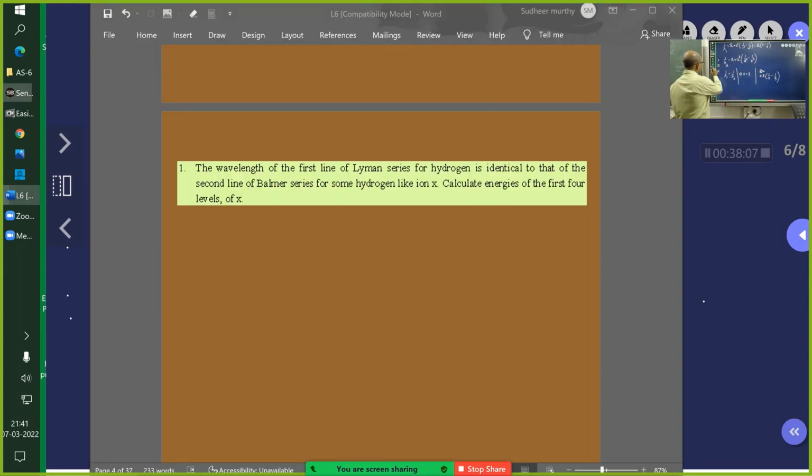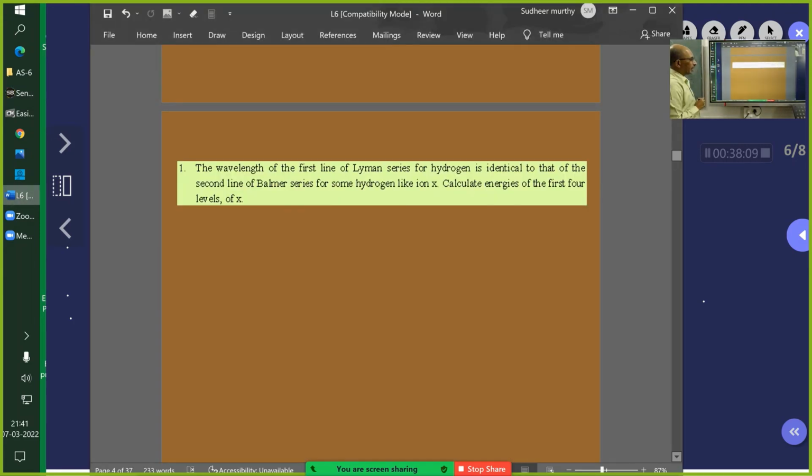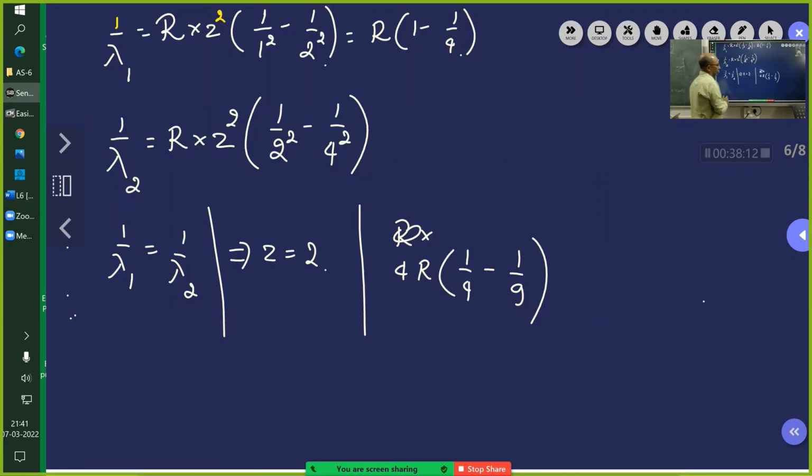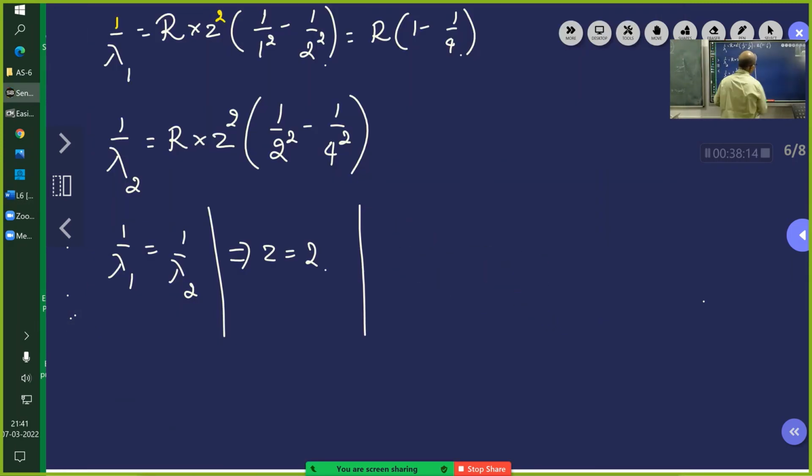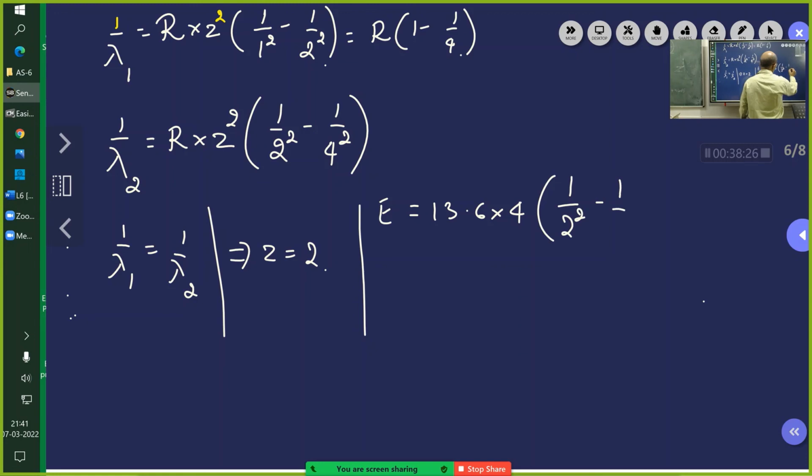Sorry, they asked energies. So for energies you have to use 13.6 into Z square, Z square is 4, into 1 upon 2 square minus 1 upon 3 square. 4 levels they are asked. So like that you have to go on writing this and get the 4 levels of answer.